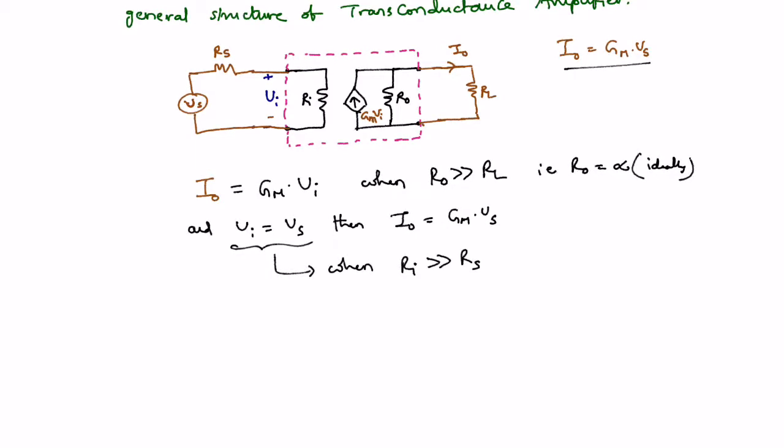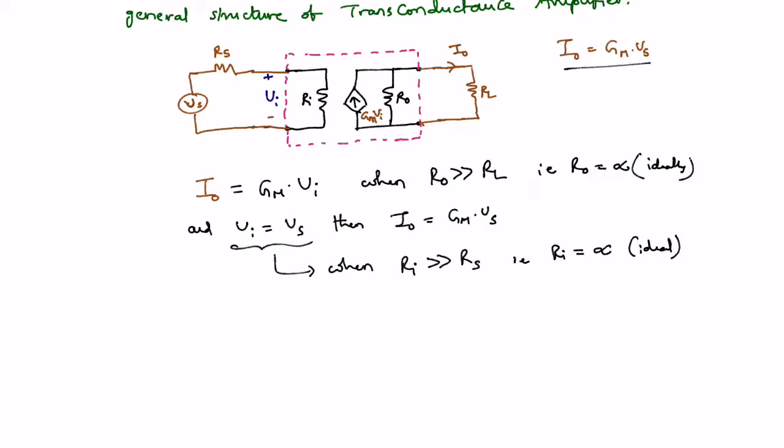If the input resistance is very large, then maximum applied voltage drops across Ri. Irrespective of Rs, you get the effective input signal as the applied input signal Vs. So the ideal value of Ri is infinity, and the ideal value of R naught is infinity. Then it acts as a good transconductance amplifier.